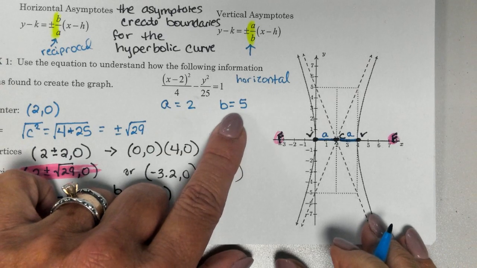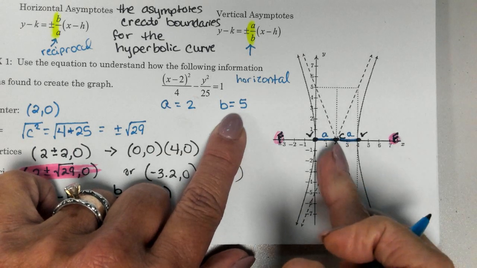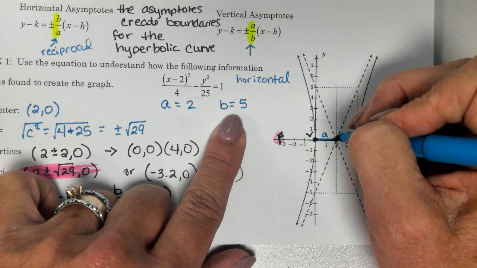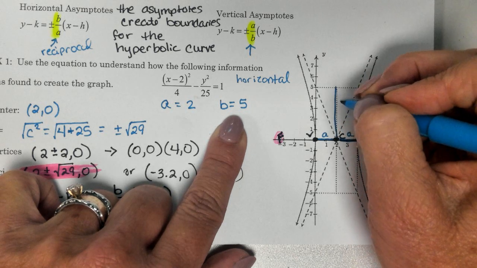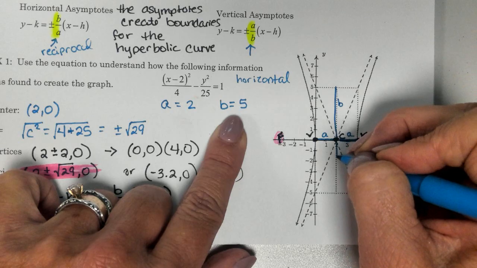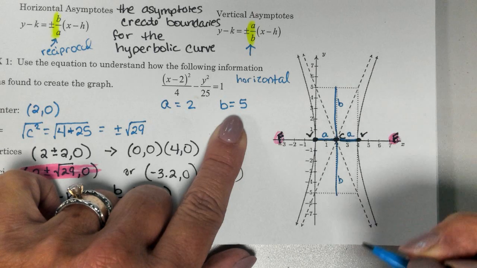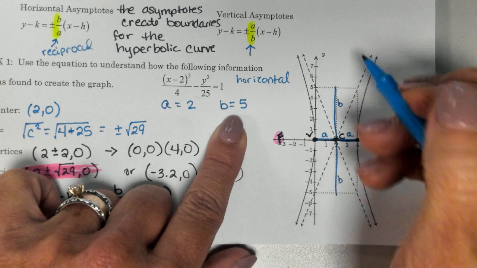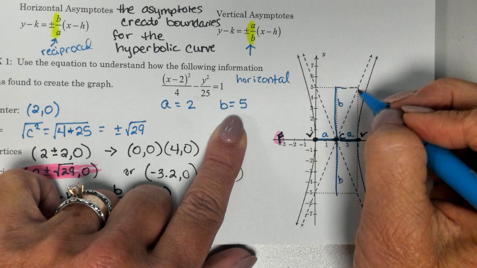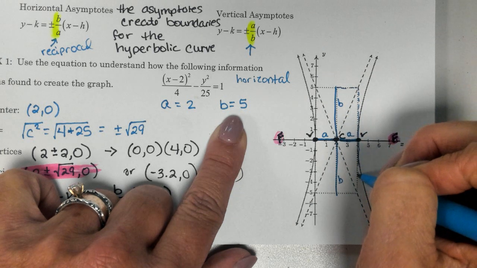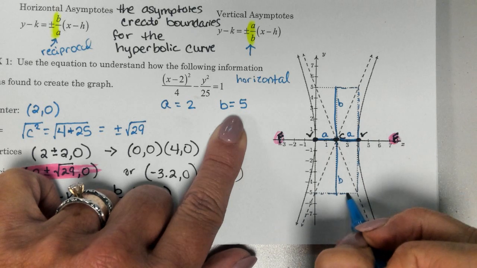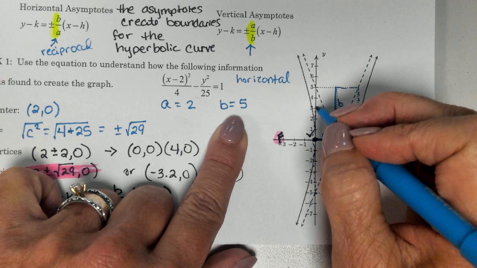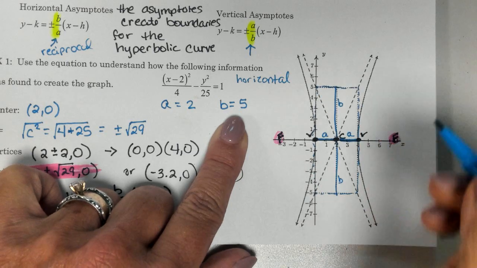But then our b value is going the other direction. It's going vertically. So if I count 5 up and 5 down, what I've done is I've created this little box. I can close that in. I go out as far as a, and I go as high and as low as my value for b.